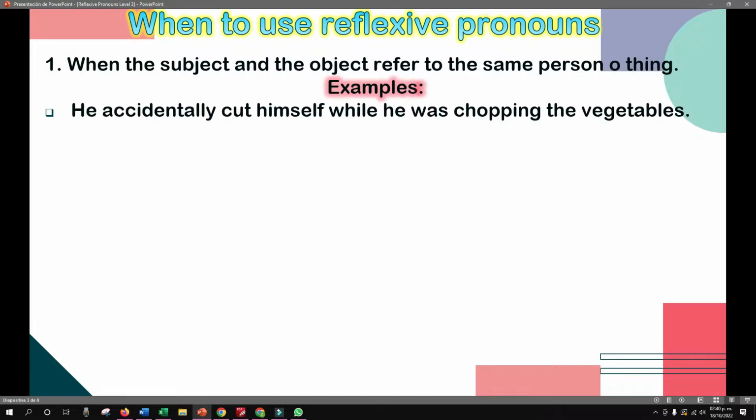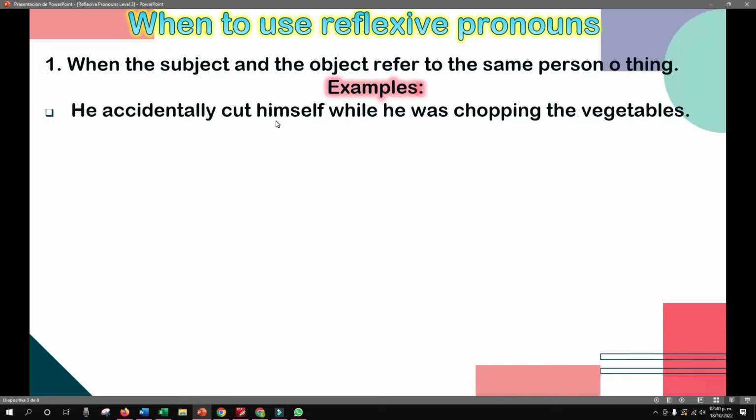For example, he accidentally cut himself while he was chopping the vegetables, right? First, we have the subject here, he, right? Accidentally cut what? Himself. Se cortó él mismo, ¿verdad?